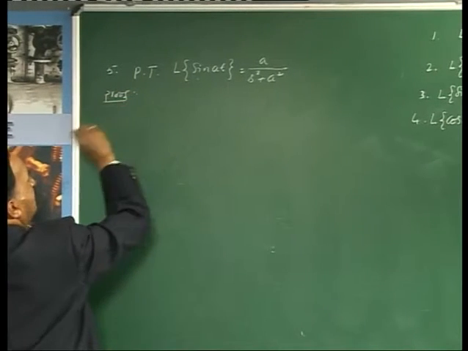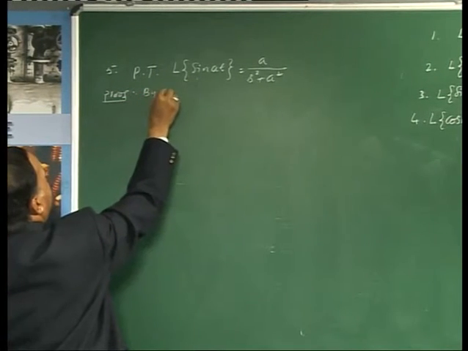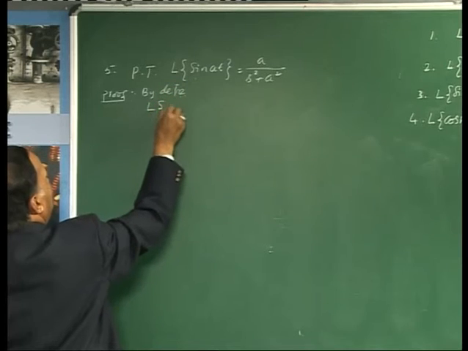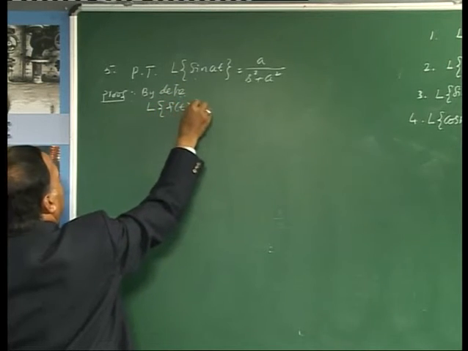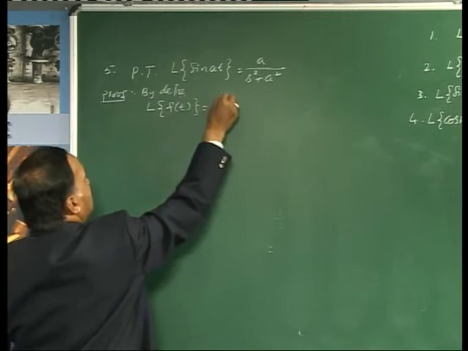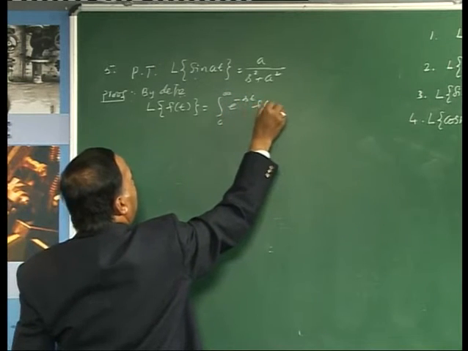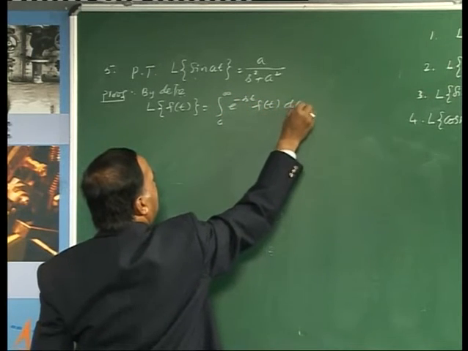By definition, we know that L of f of t is equal to integral from 0 to infinity e to the power of minus st f of t dt. This is the definition.